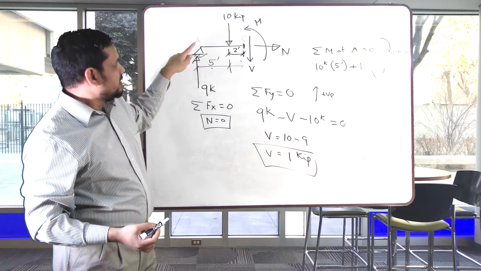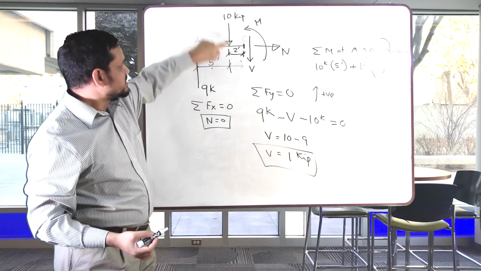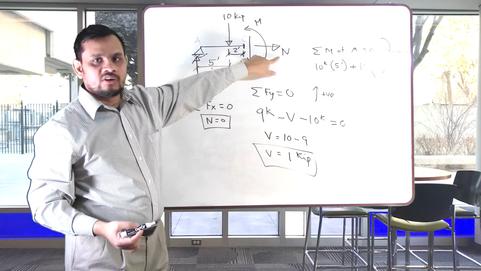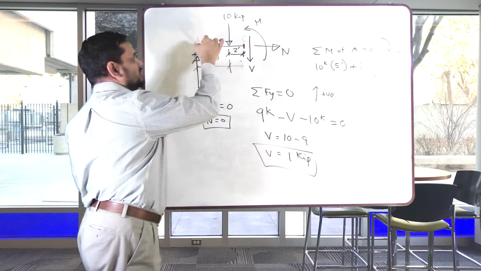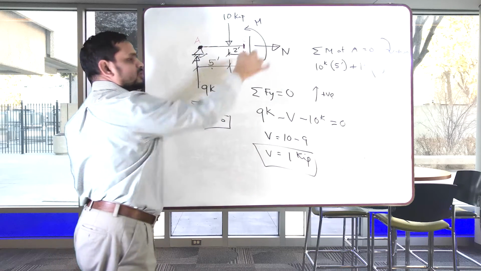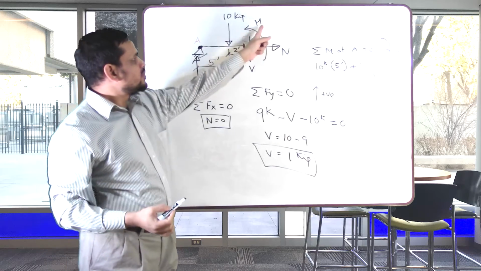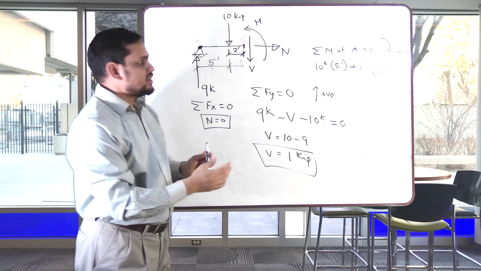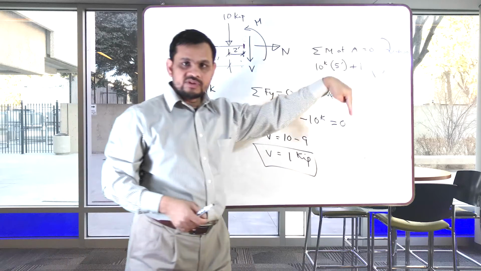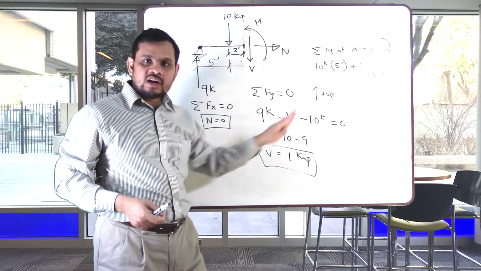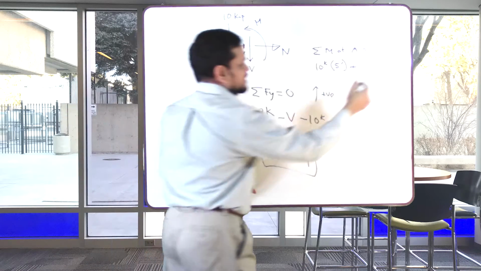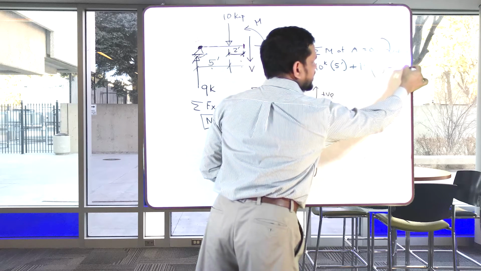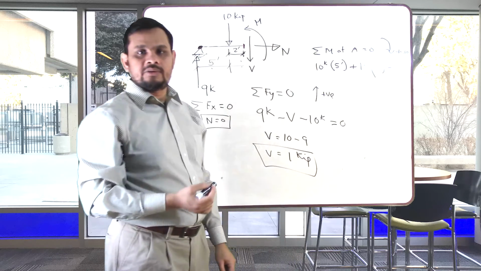So I consider V. N will not be considered because N goes through point A, so it has no moment. Next is this moment. I assume clockwise positive, and this moment is counterclockwise, so it is negative: minus M equals 0.